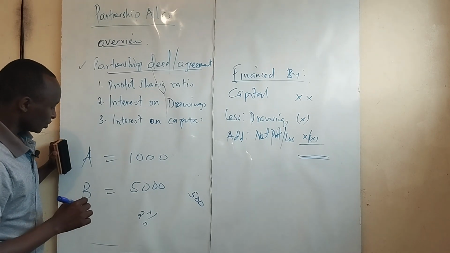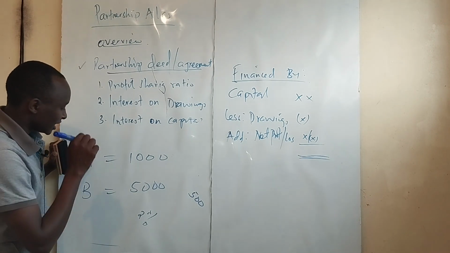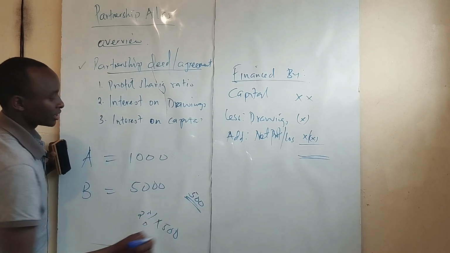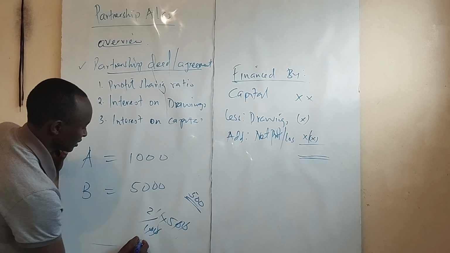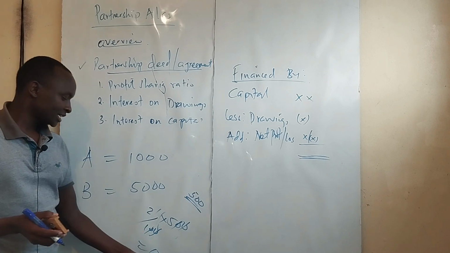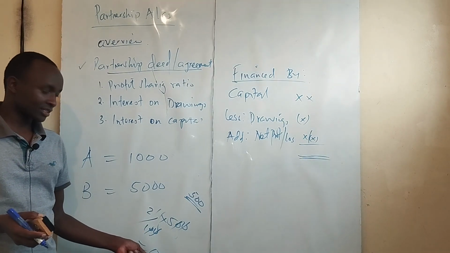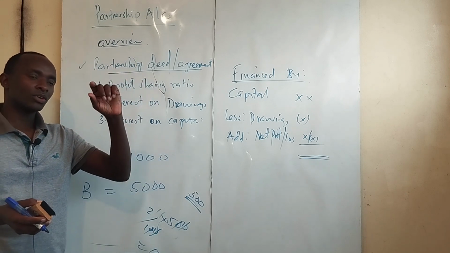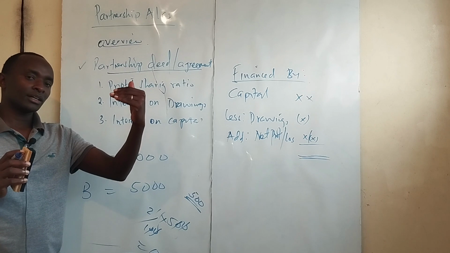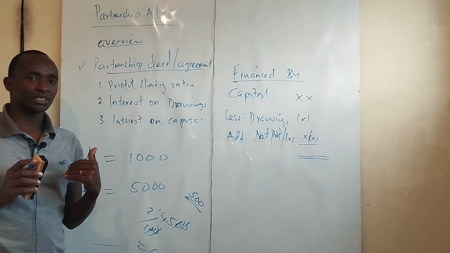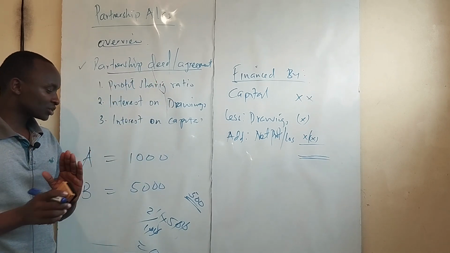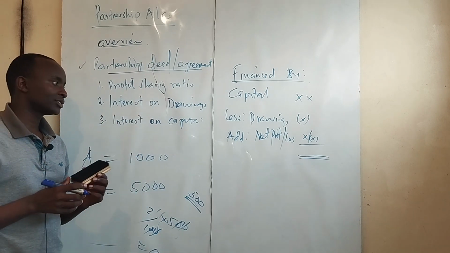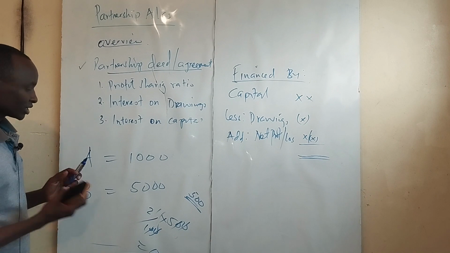In this case, the interest on drawings will be 2% of 500, the withdrawn amount, which is 10. This interest of 10 is going to be charged by the partnership business. So this one is not a benefit to the partner, but instead it is a benefit to the partnership business. So that is what I mean.